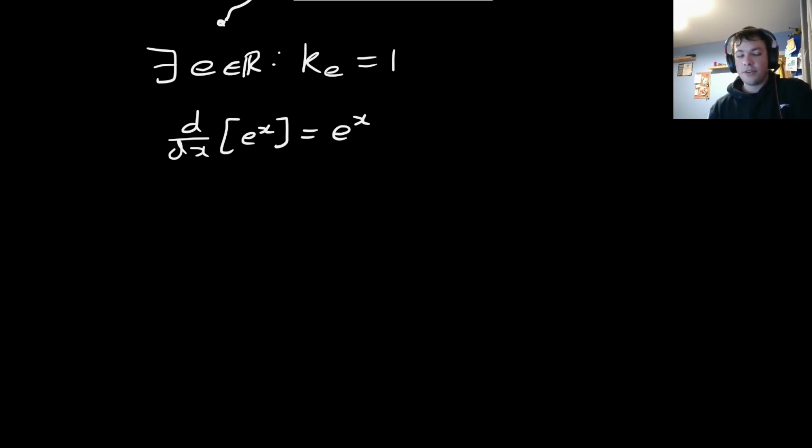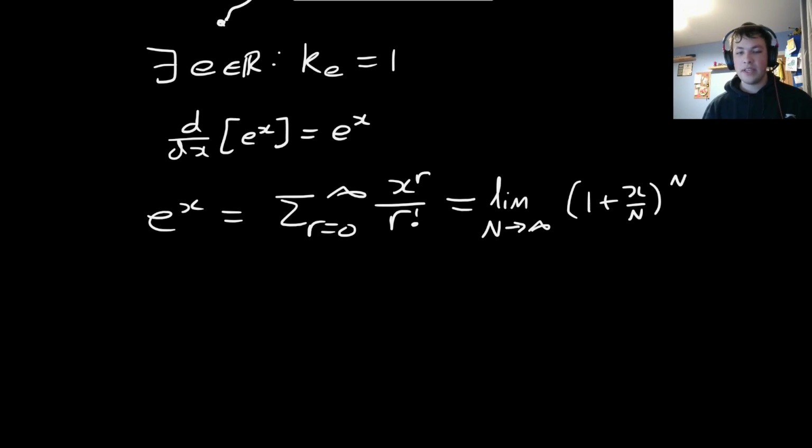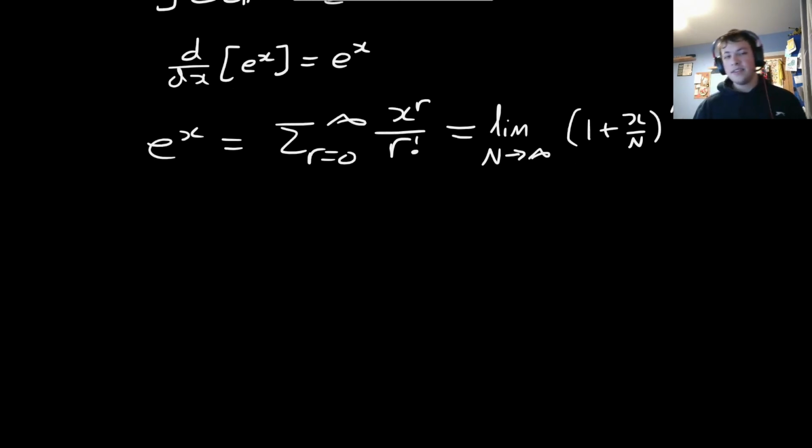Or we could form a Maclaurin series from this. e to the x is equal to the sum from r equals 0 to infinity of x to the r over r factorial. And then you can also see this as the limit as n goes to infinity of 1 plus x over n to the power of n. These are both valid.